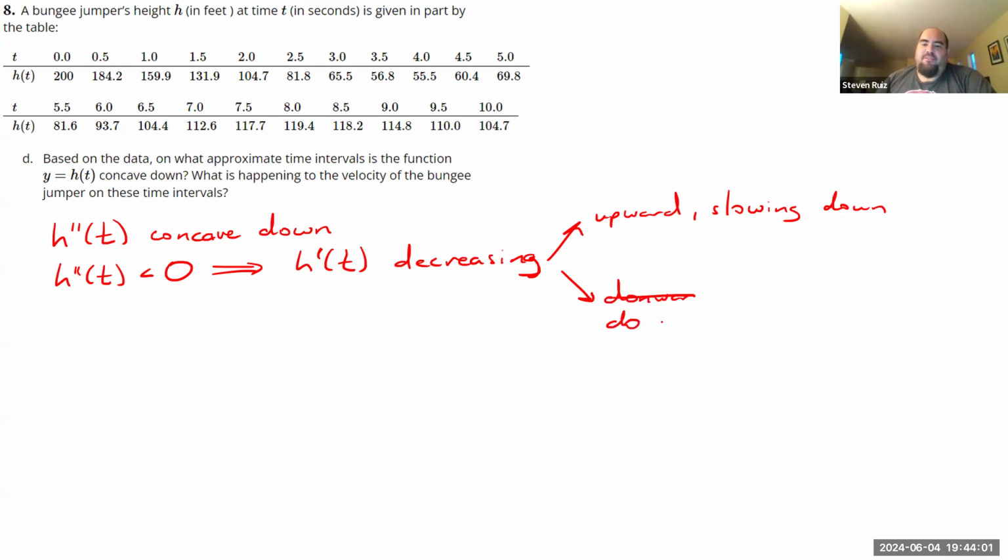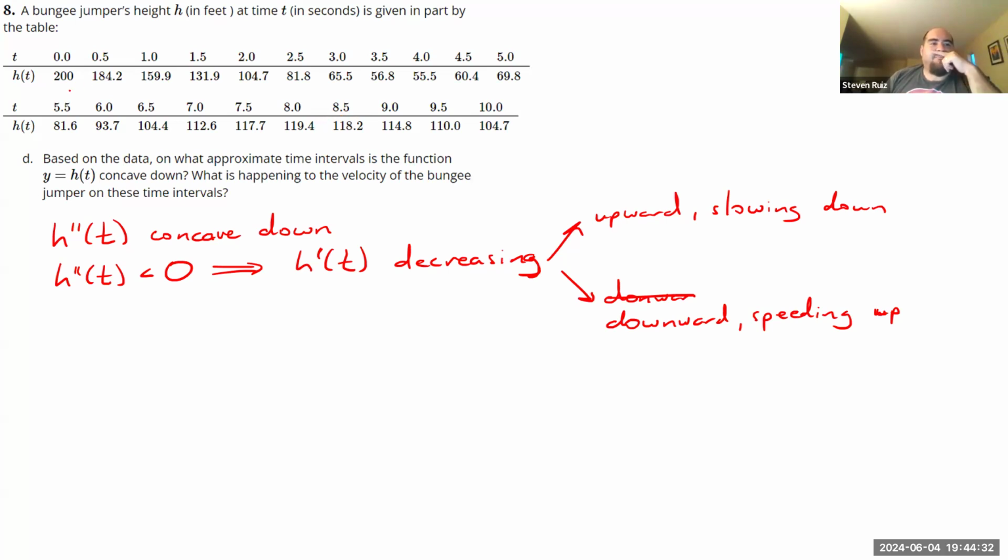Let's spell downward correctly first: D-O-W-N-W-A-R-D. If he's going downward and his velocity is decreasing, what does that mean? It should mean that he's speeding up. So he's going downward faster. So downward, speeding up. For the purposes of this question, I'm not going to calculate all of these subintervals, but let's see if we can get a sense of where this is happening.